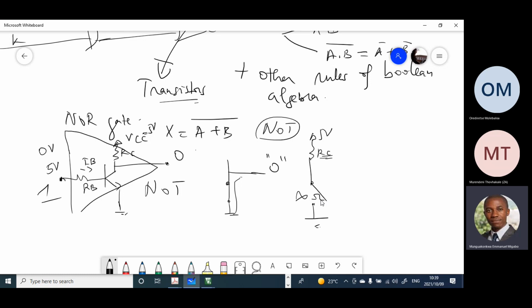On an open circuit, there's no current at all that can go through, which means it's maximum resistance to current flow. Hence, we model an open circuit as infinite ohms, which means the voltage that comes out here is a voltage divider between RC and infinite, which takes everything. So you'll end up with 5 volt there when the input is 0.